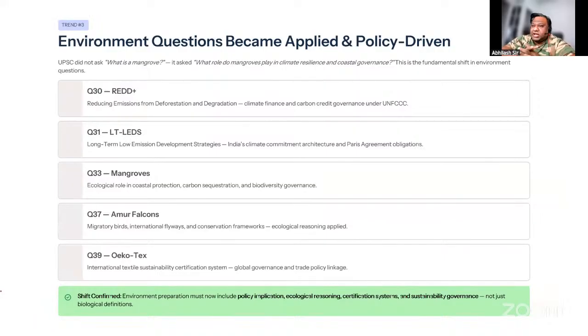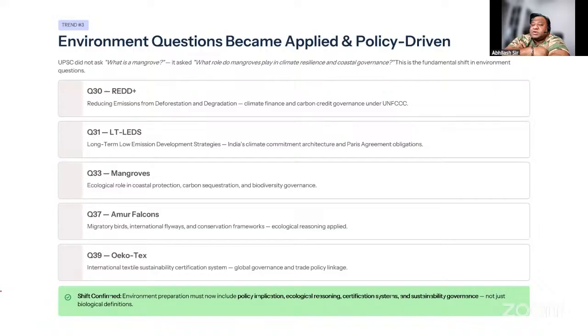Next, coming to the environment questions. Environment questions were not asked like, why is mangrove like that? Here it was about the applicability in ecology and ecosystem, what role mangrove plays.